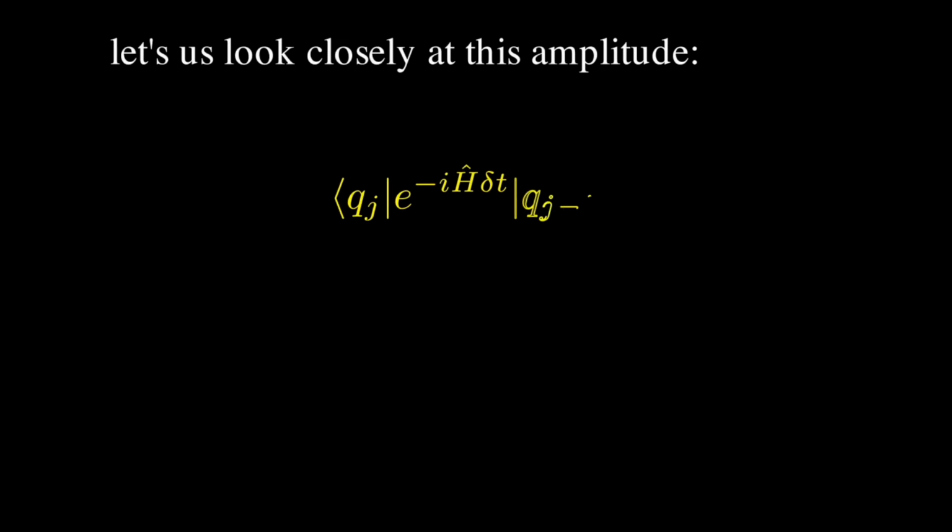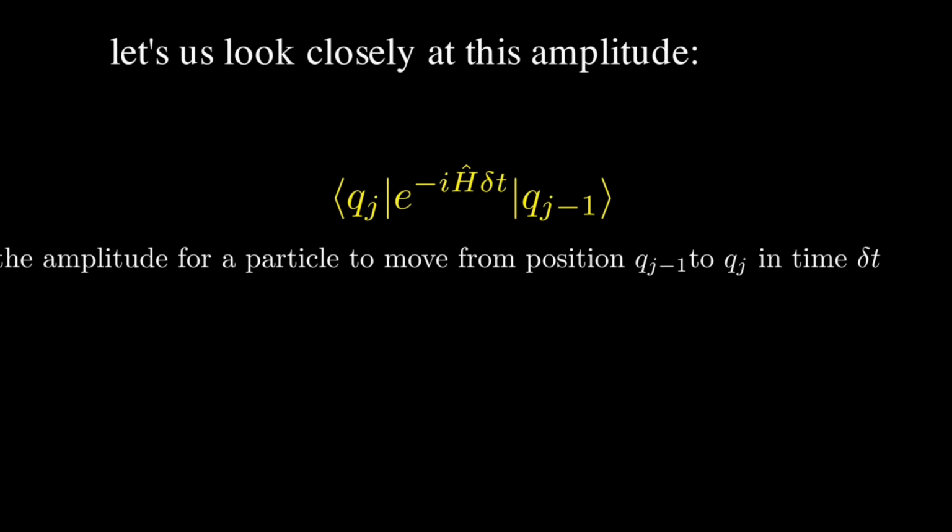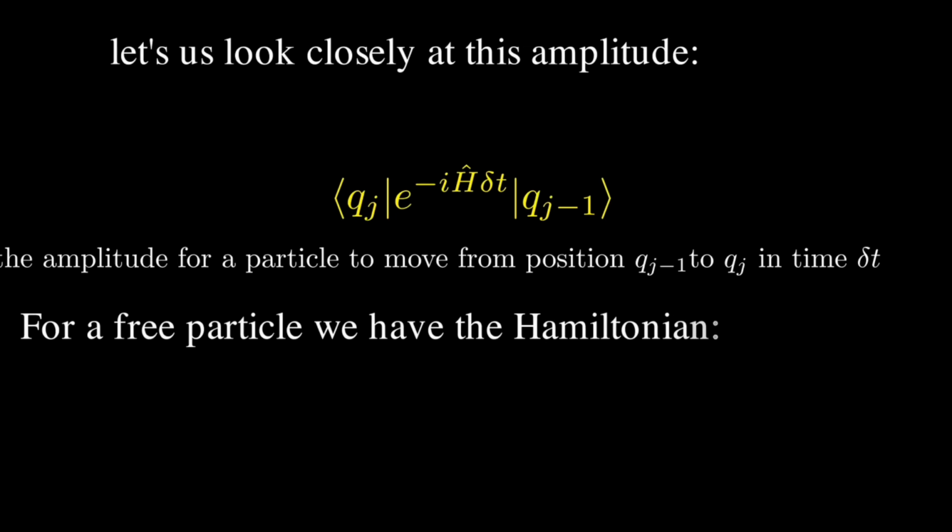So we look at an example of a unit transition like qj, e to the minus i H delta t, qj minus 1, and let me remind you that H is a Hamiltonian and it's an operator, so I'll denote it here with a hat, as you can see. And for simplicity, let us look at the case when we have a free particle. So there is no external potential. And the Hamiltonian is then just the kinetic energy operator, which is p hat squared over 2m, where p is the momentum operator.